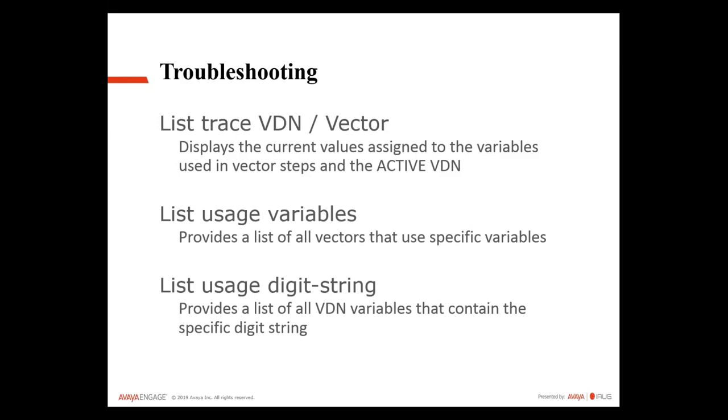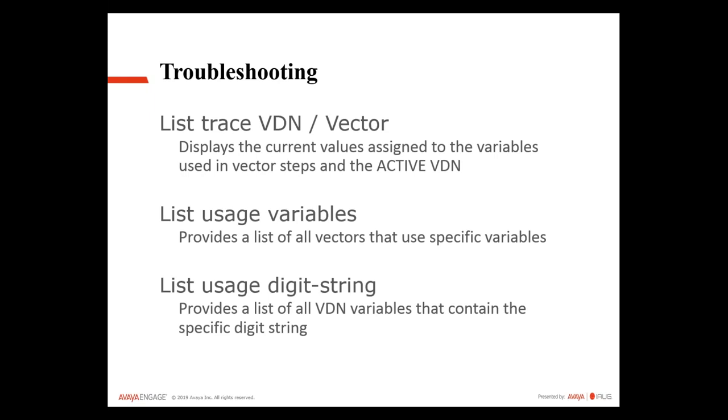List usage digit string became really important when you start to use VDN variables. Where before you probably used list usage extension, and it would tell you every place in the system that extension was used. If you're putting the number on the VDN variable, then the system doesn't look at it as an extension. It's just a digit string on the back of those VDN variables.